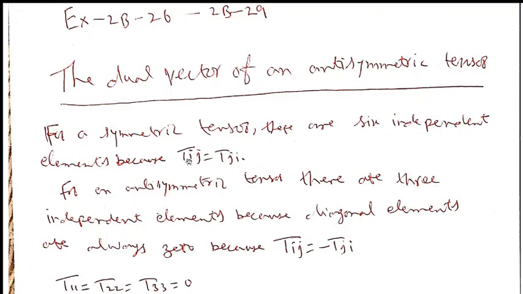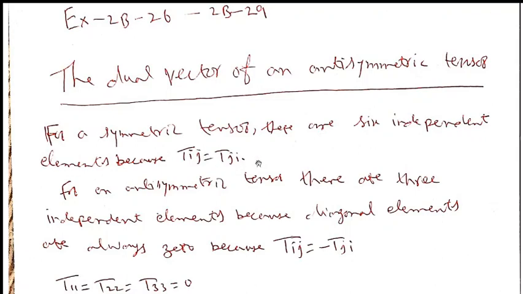From here you can see that Tij equals Tji. It will give you T11 equals T11, T22 equals T22, T33 equals T33, T12 equals T21, T31 equals T13, and T23 equals T32. So the total will be 6 independent components for a symmetric tensor.